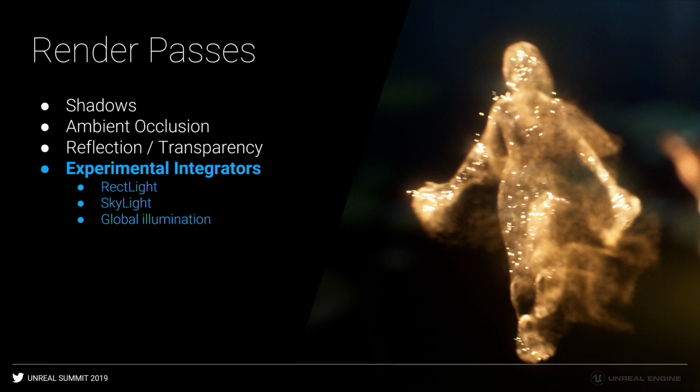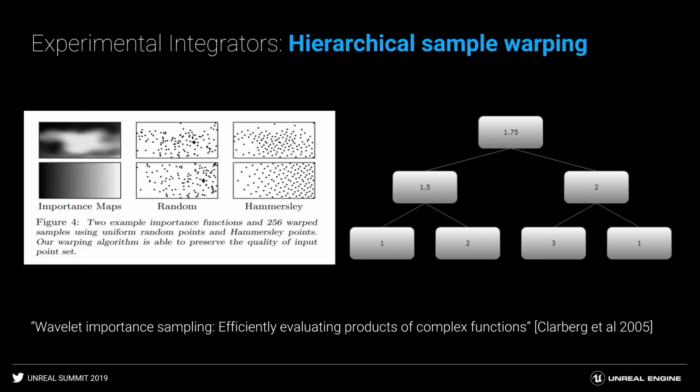All right, so next thing we're going to talk about is some experimental features that we did. These features I'm going to talk about are not production ready in 4.22, but they have some interesting results that are worth talking about. First, I want to mention that the sampling for these techniques is based on hierarchical sample warping.